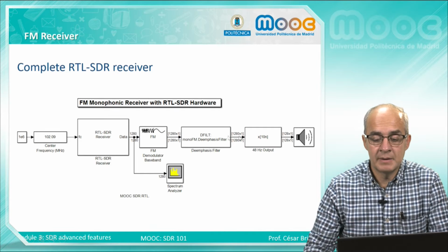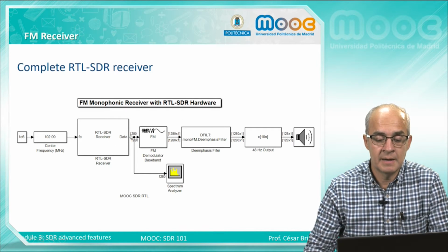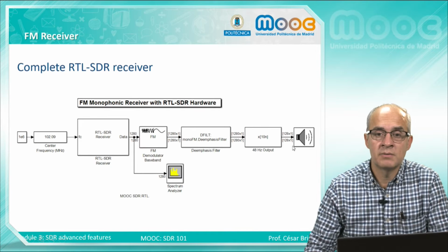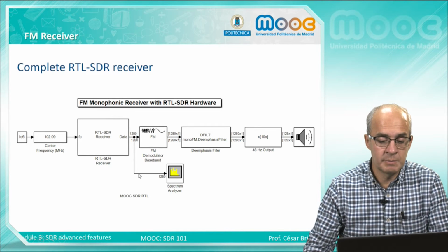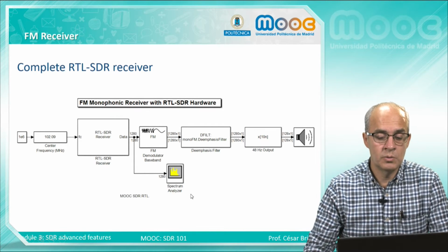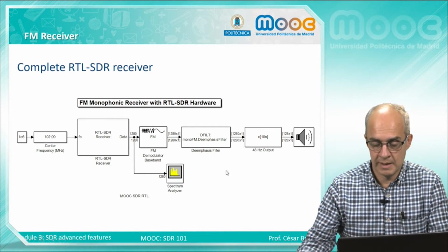This is to adapt the sampling rate of the SDR, that here is higher, 1 megasample per second, to the sampling rate of the audio device, which is around 100 kHz. Then we connect a spectrum analyzer at this point to see the received signal.